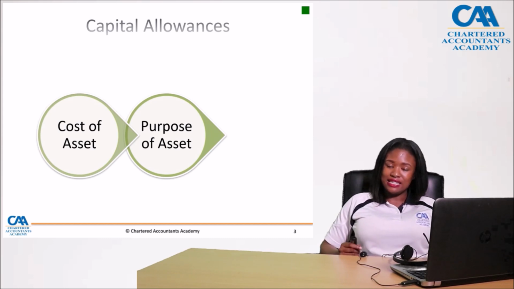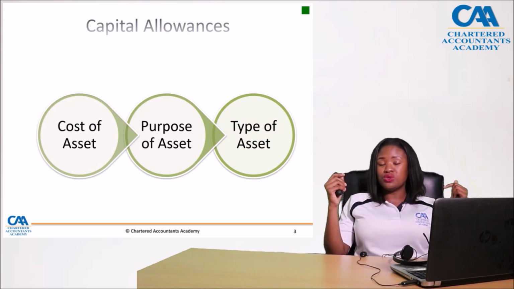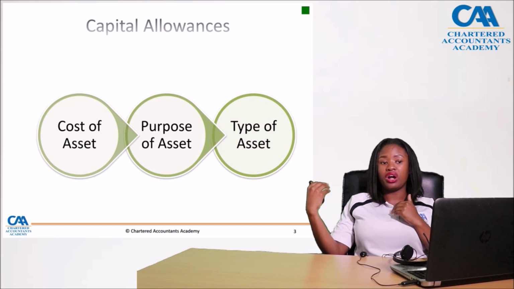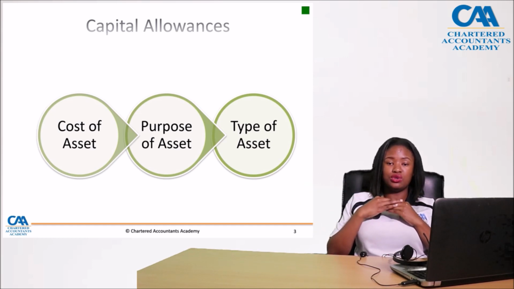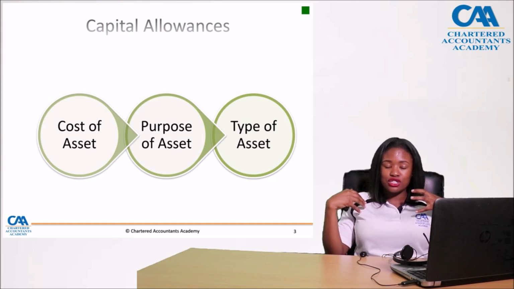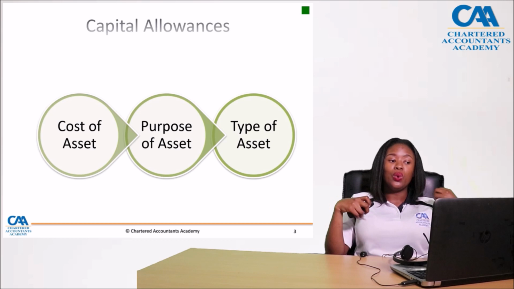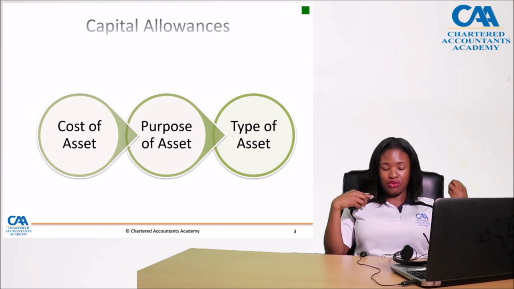And then lastly, the type of the asset. It goes without saying, we can't give the same capital allowances for a car that we give to a building sometimes. So the type of the asset also determines the capital allowances which it can rank for.